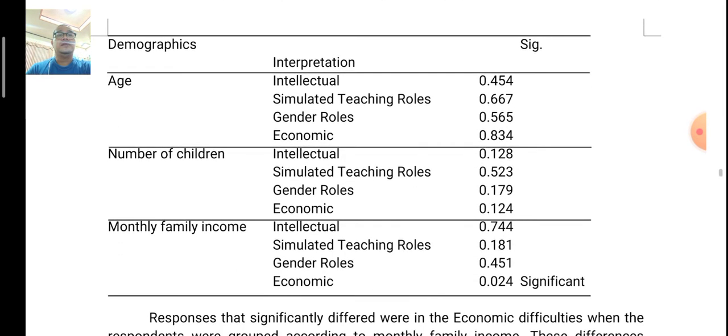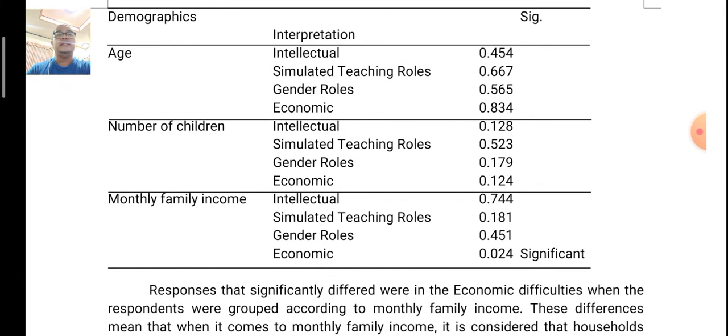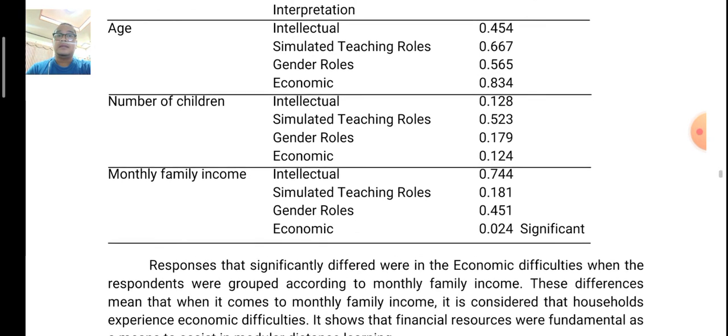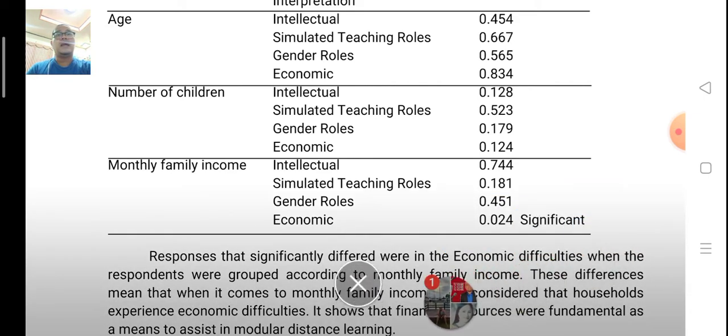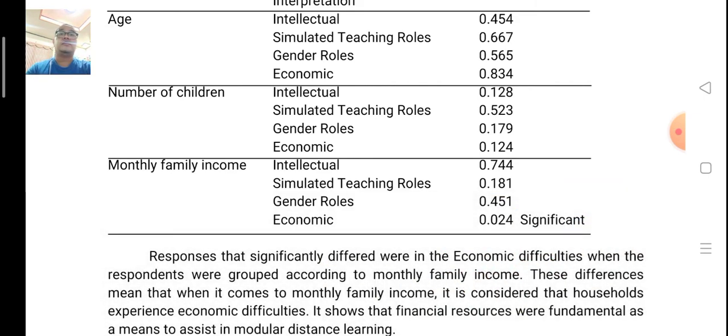So, ito in this case nila, yung sa monthly income lang, tapos yung economic category, no? So, ibig sabihin, based sa monthly income, tapos economic, yung kanilang demographic profile is monthly family income, then under economic category.